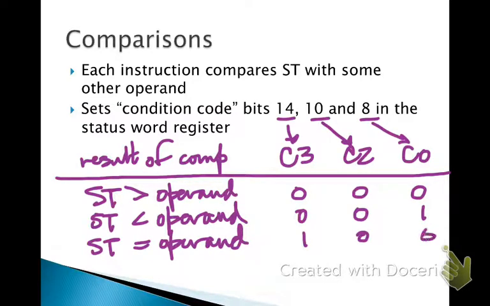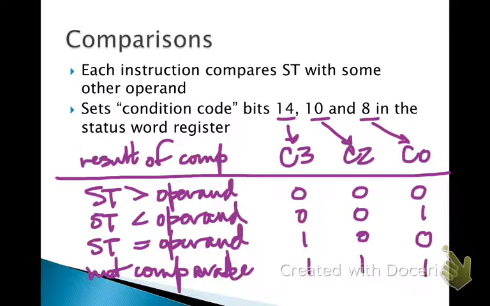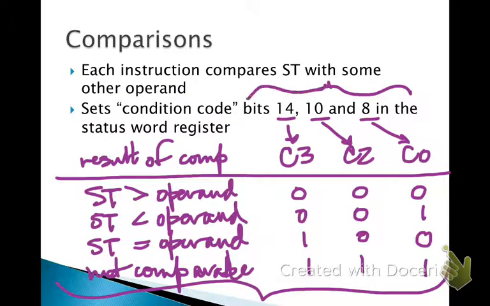Everything else will be cleared. What if the two values are not comparable? Then all of these condition code bits will be set. So remember this, because we'll come back to this. And notice this spacing, because we'll also come back to this. Okay, so that's how the comparison works.